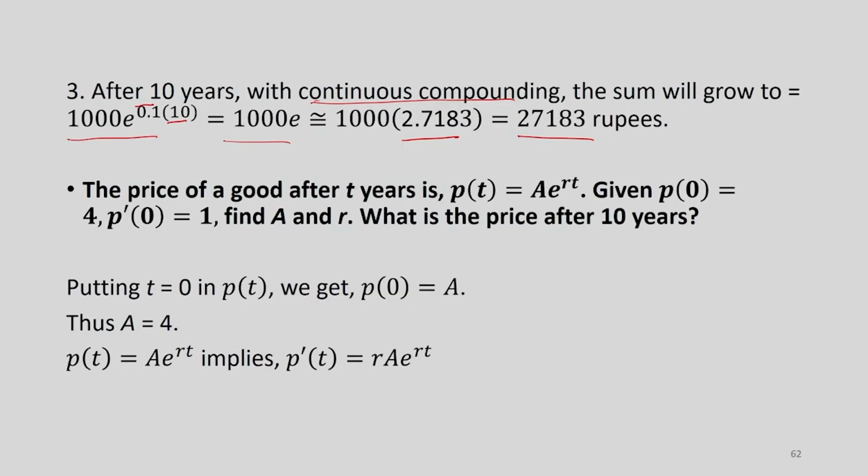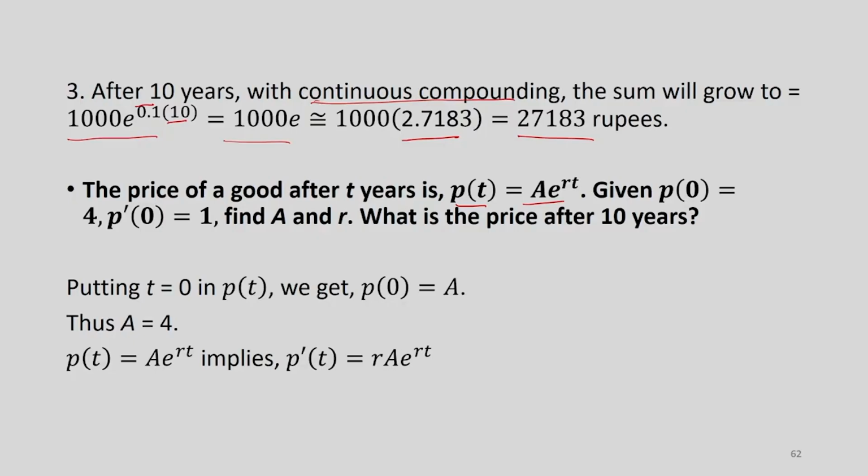I think I'll take up the last question in this lecture now. The price of a good after T years is given by P(T), and it has this functional form, A multiplied by e to the power RT.